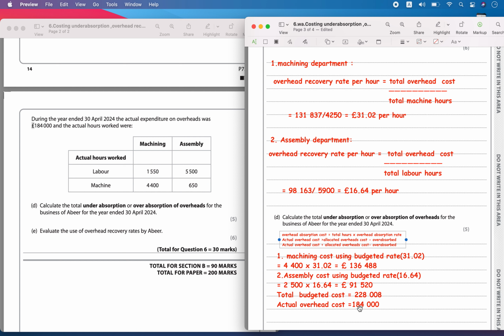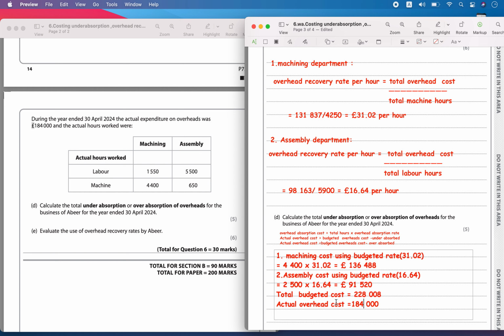If my actual overhead cost of 184,000 is less than my budgeted cost, then I have over absorbed. Otherwise, if my actual cost had become greater than my budgeted overhead cost, then I would call it under absorbed. I have not recovered, the performance has been poor. You can conclude like that.